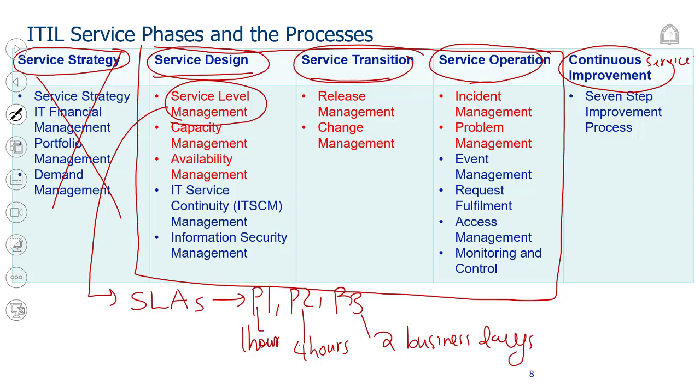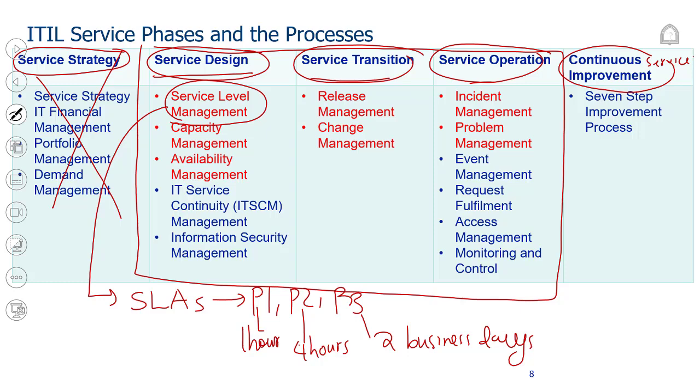Now, this is a binding agreement between me and my customers. So, once I've agreed with them, then whenever they raise a P1 ticket, I need to make sure that it is resolved within 1 hour.